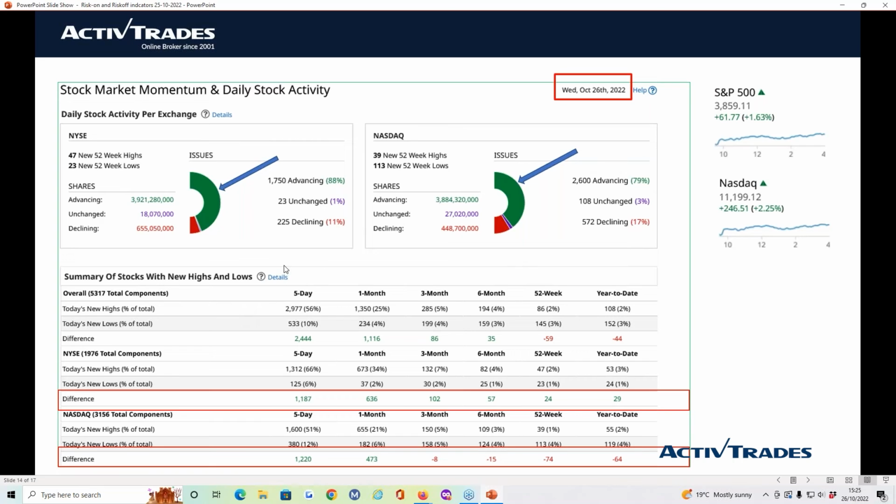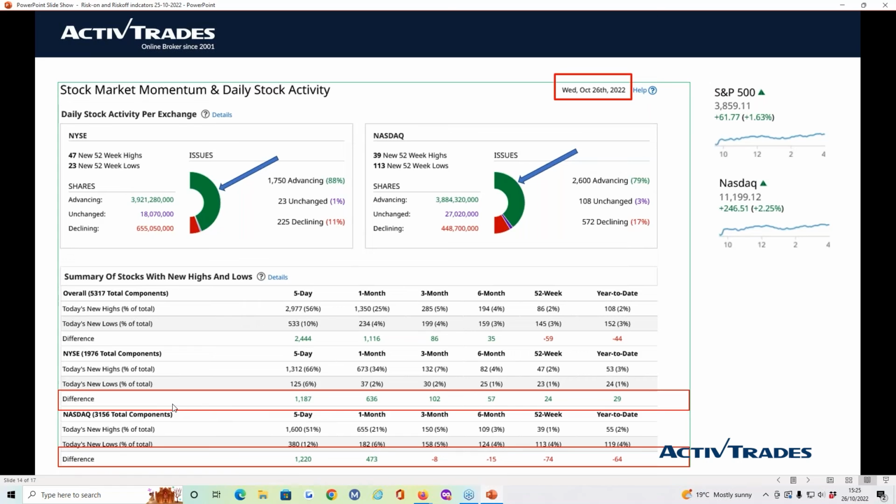We've got ratios of almost 6 to 1 in this case, and even more in the case of the NASDAQ. 3.8 billion shares of advancing volume against 448 million of declining volume. So far more positive, far more risk on as far as the market was concerned, Tuesday into Wednesday.